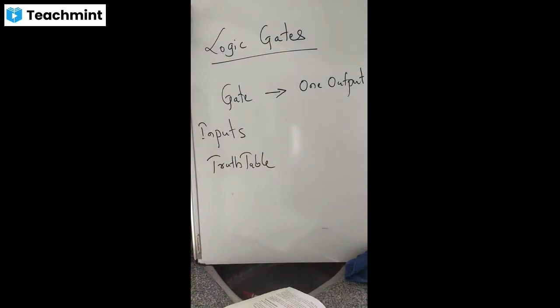The output we need to record, and also whatever inputs we have given. Depending upon the input, what kind of logical processing takes place and what decision will come out, we need to represent in a table. That table we call a truth table.